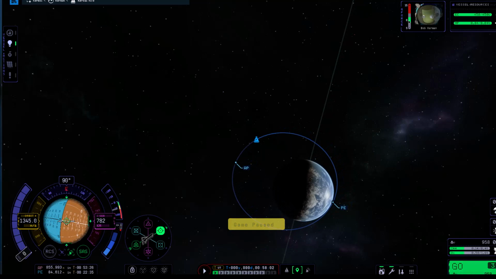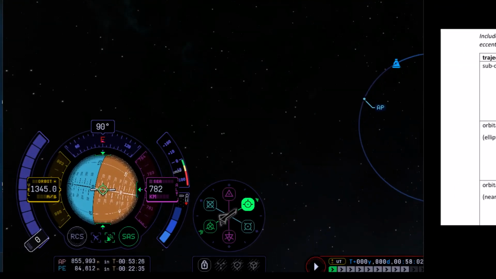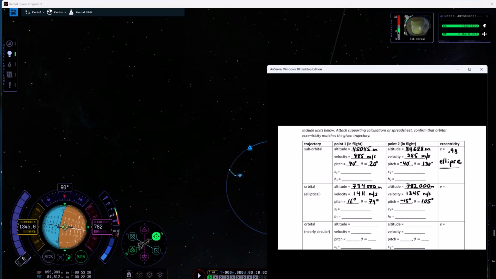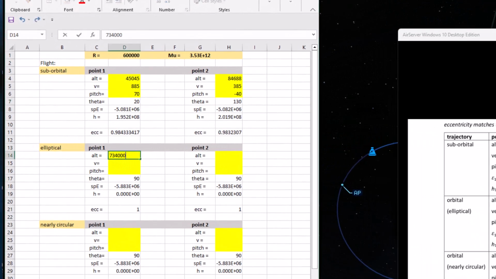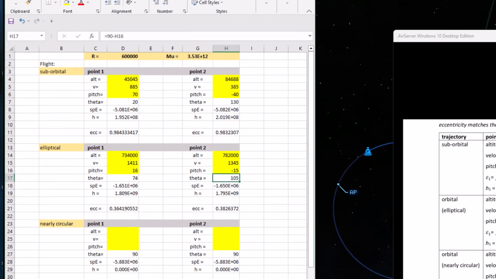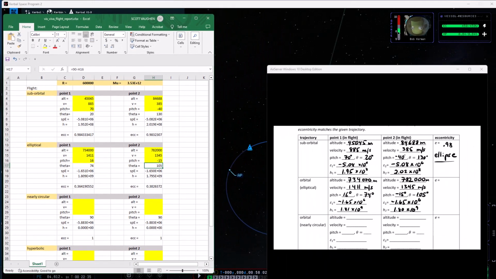Okay, altitude 782 kilometers, velocity 1345 meters per second, pitch about -15 and therefore 90 minus -15, about 105 degrees for theta. Typing in the data from both points into Excel, we can confirm orbital energy and angular momentum are the same at each point, and the orbit eccentricity is about 0.37.